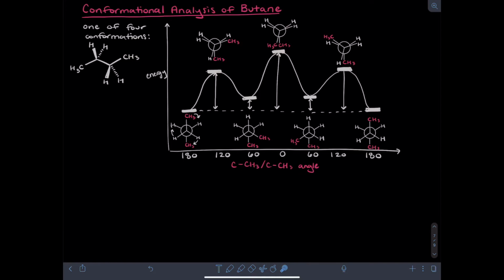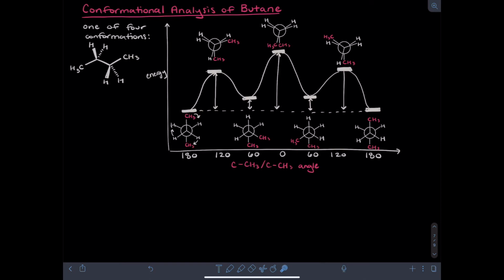My conformational analysis for butane is the most complicated so far because we have methyl groups that can be in different positions relative to each other. So we could imagine starting out with the methyl groups completely opposite each other.